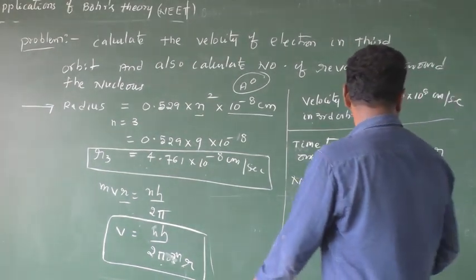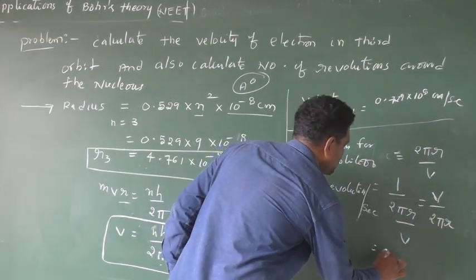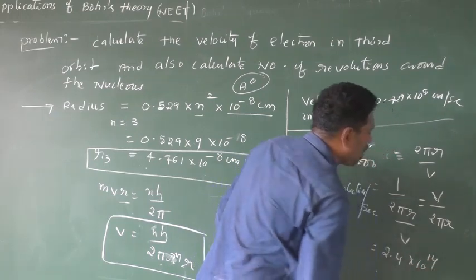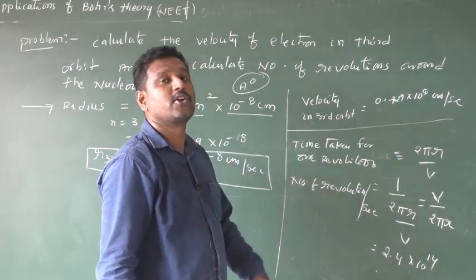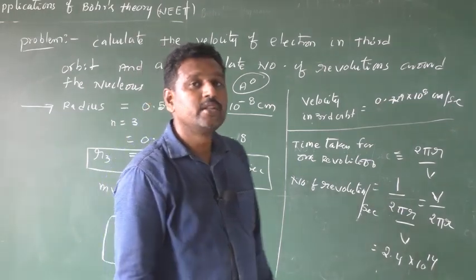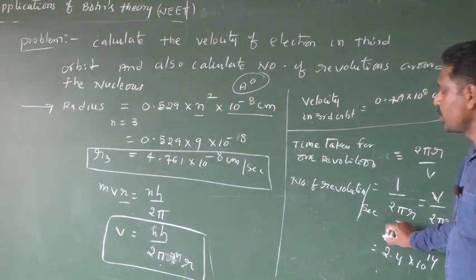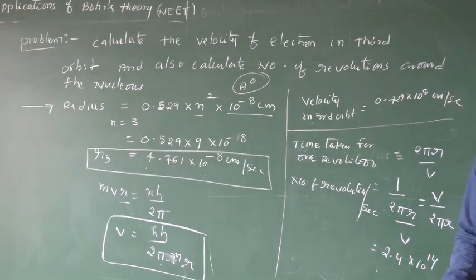After substituting all these values, we get 2.4 into 10 power 14. That many revolutions the electron can do in the third orbit. So this is about applications of Bohr's theory.